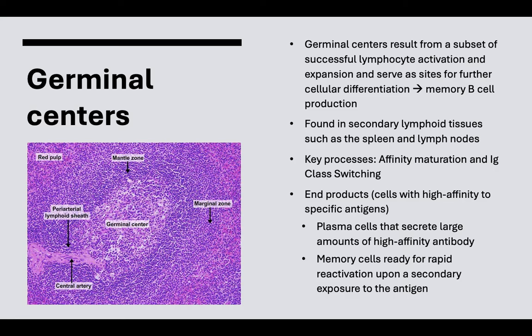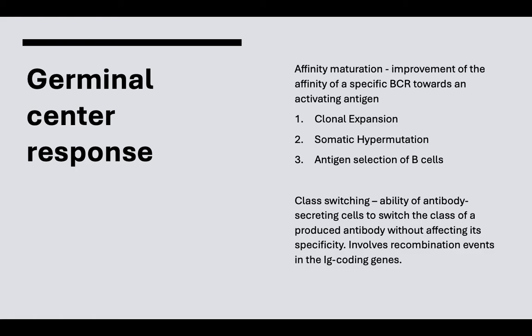The germinal center processes of affinity maturation and class switching, we will cover in our succeeding discussion. So, affinity maturation is where we expect the B cell receptor to improve its affinity against the activating antigen.